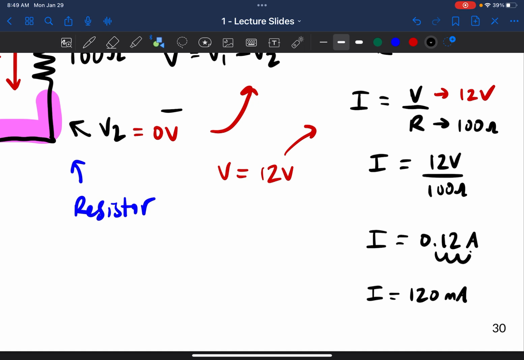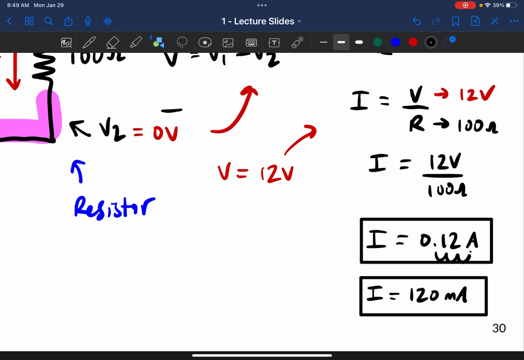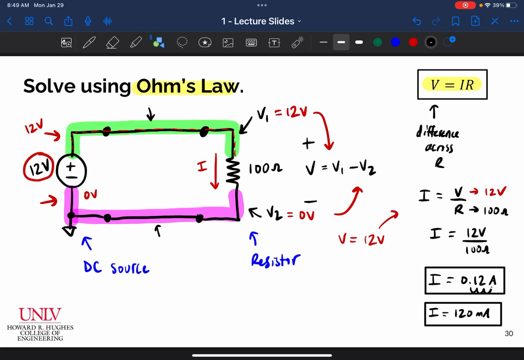Okay, either is correct. This is correct, but you would more typically see that written out as 120 milliamps. Okay, and so I've solved this circuit using Ohm's law.